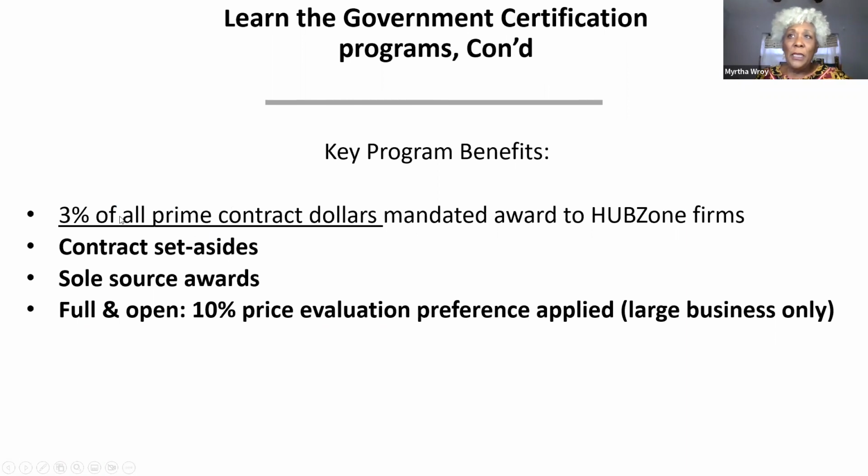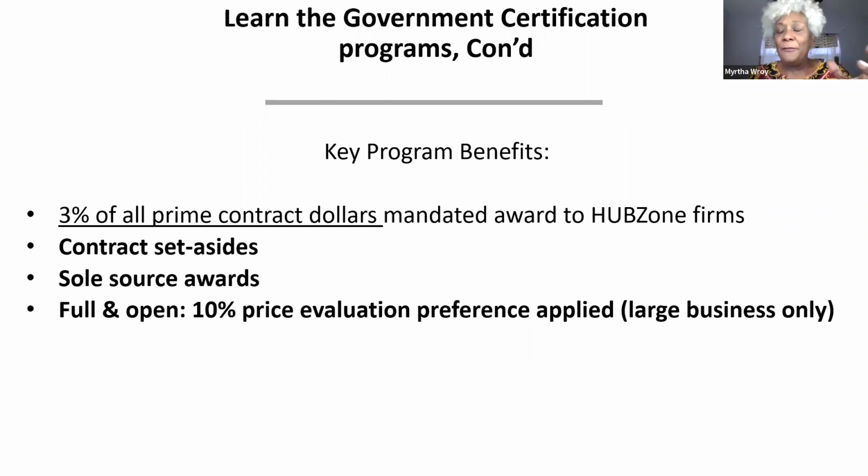And key benefits: 3% of all prime contract dollars are mandated or awarded to HUBZone. You can qualify for the HUBZone in two ways. You either physically have your business location in what the SBA has designated as a HUBZone area, or you have to hire, I believe it's 30 to 33% of the contract staff, who reside in that HUBZone area.